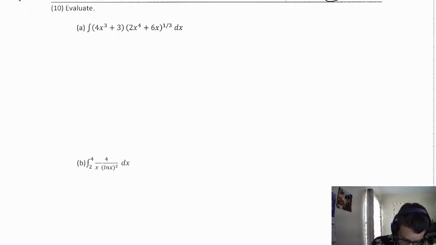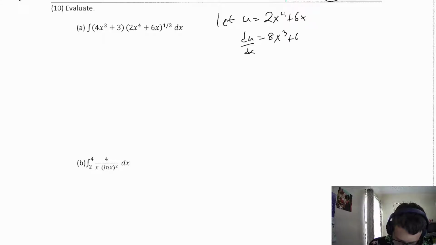So here, since this has an exponent with it, let's let u equal 2x to the 4th plus 6x, then du dx equals 8x cubed plus 6. So then dx equals du over 8x cubed plus 6.